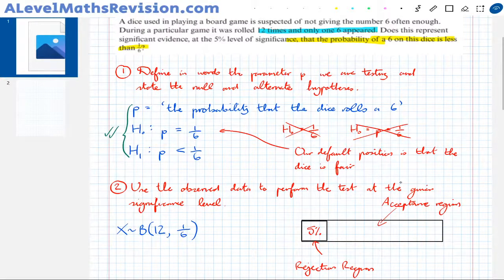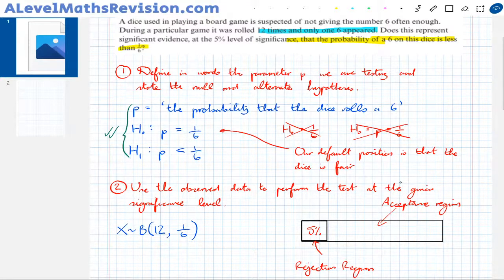How many sixes would we expect to happen? Christine, I agree, 2. We'd expect a 6 to come up 1/6 of the time. So 2 of them. Okay. And we actually have only observed 1.